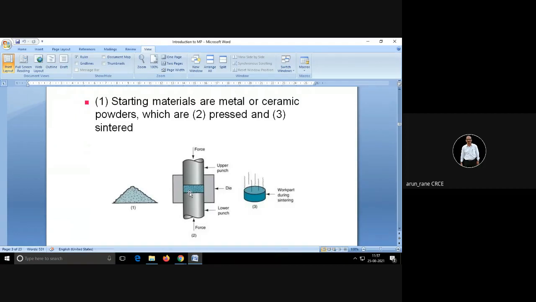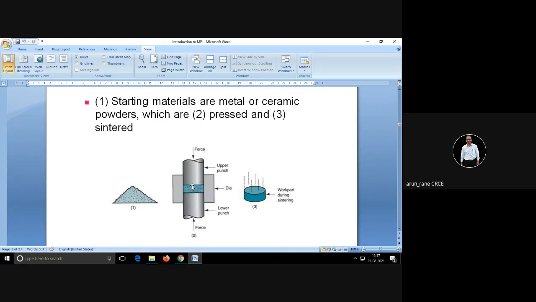The biscuit powder, you first pour inside this, and then the upper punch will come down and press. It will go down till the desired thickness. Suppose this is a round tablet and its thickness is 5 mm.